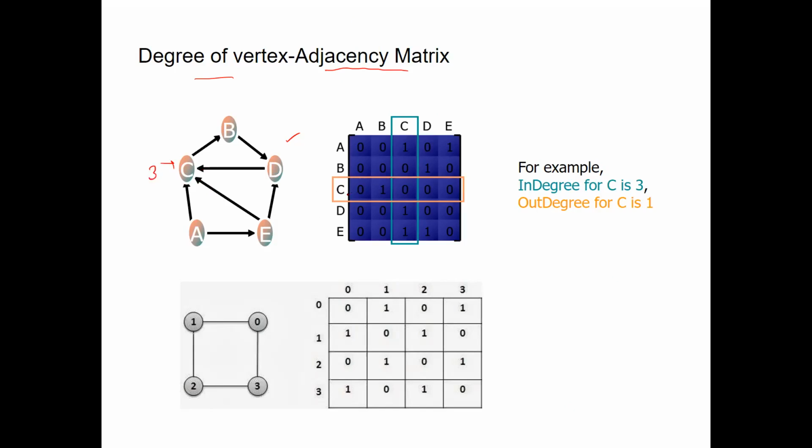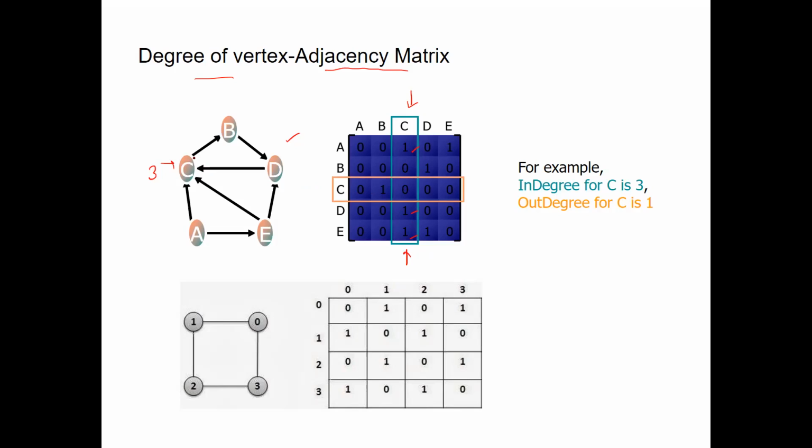So to find the in degree of a vertex within a graph, just count the number of ones within that column C. The number of ones here is 3. That means the sum of ones for a given column will give the in degree of that respective vertex.